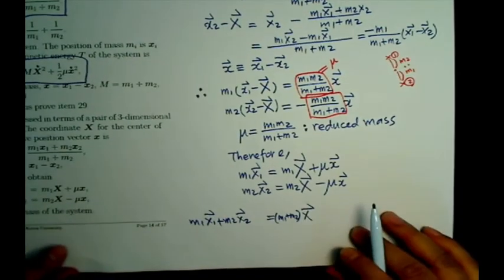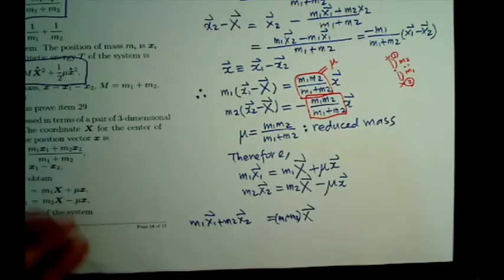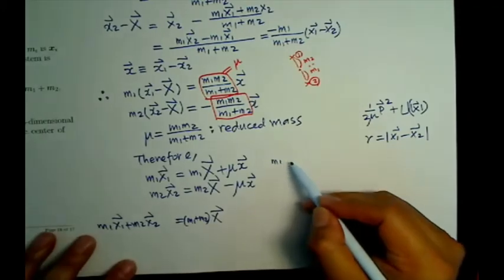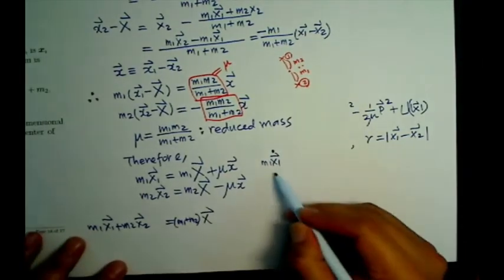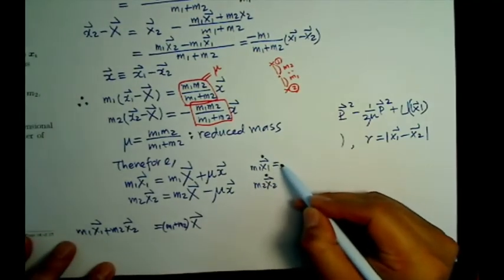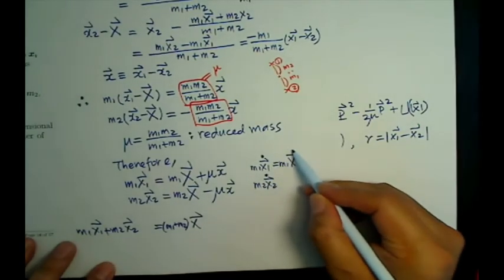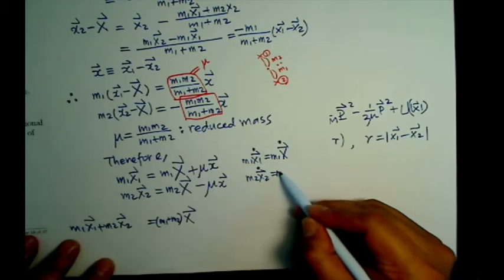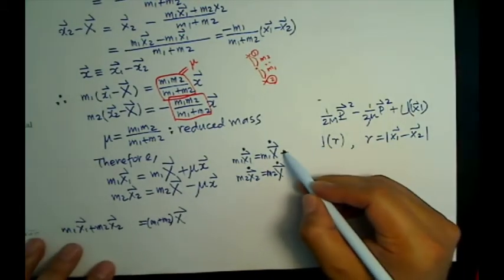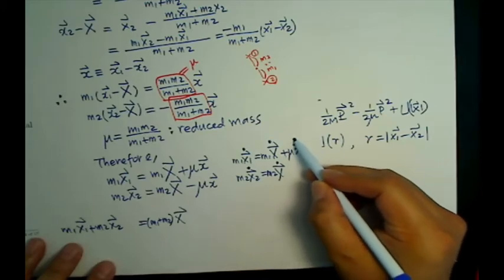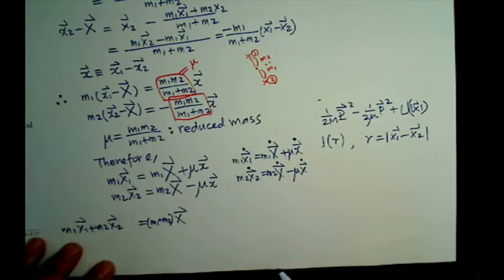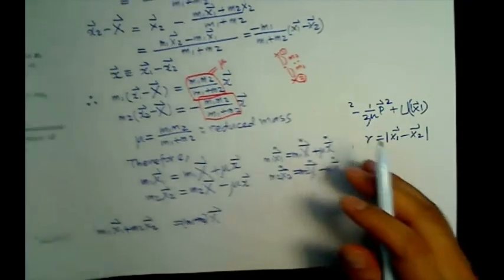And if I take the derivative with respect to time, what I obtain will be the linear momentum of the first particle and the linear momentum of the second particle: m1 velocity of the cm, m2 velocity of the cm, plus mu velocity of the relative coordinate, minus mu velocity of the relative coordinate. So this relation will be quite useful.